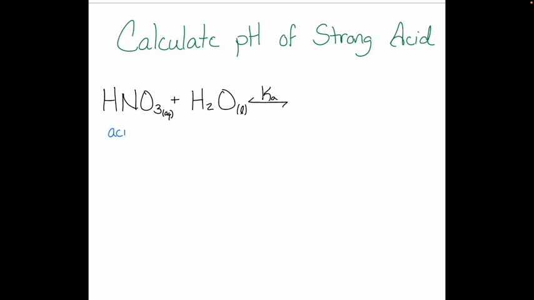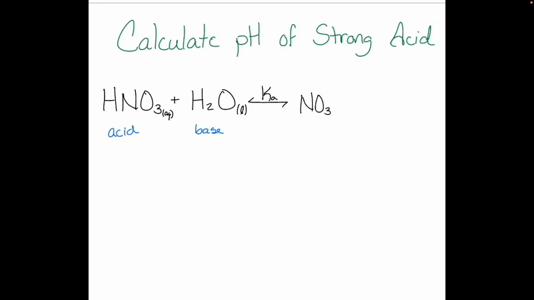To be clear, the nitric acid is playing the role of the acid, which means that water is going to be playing the role of the base. All right, so my nitric acid loses its proton.